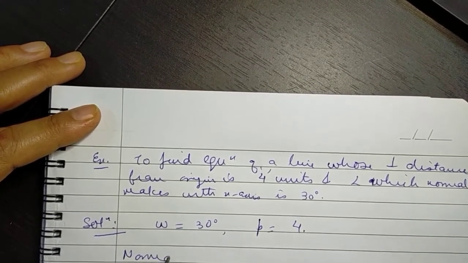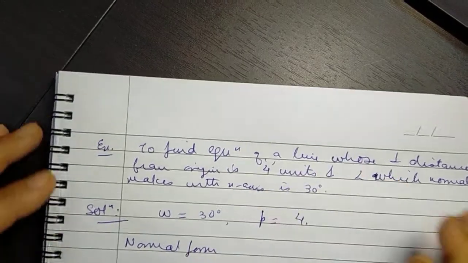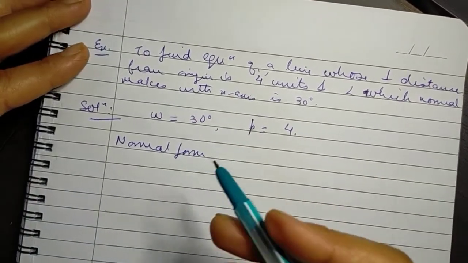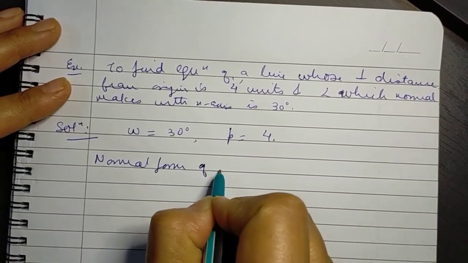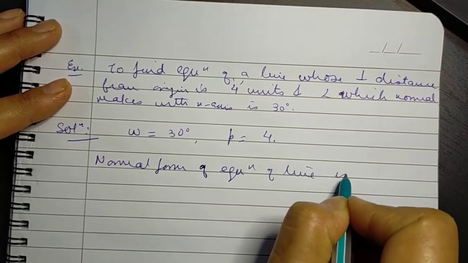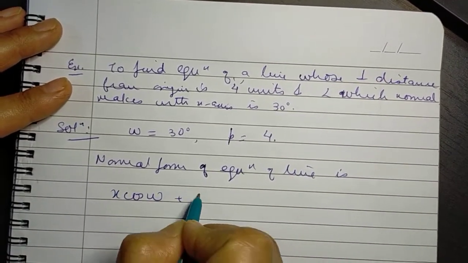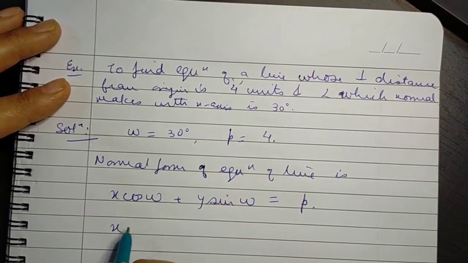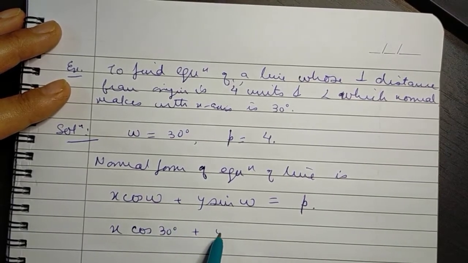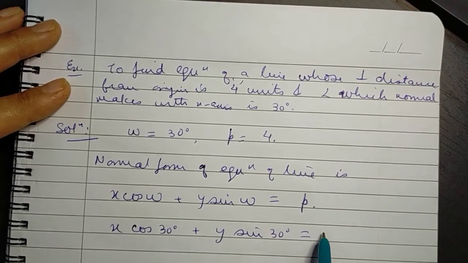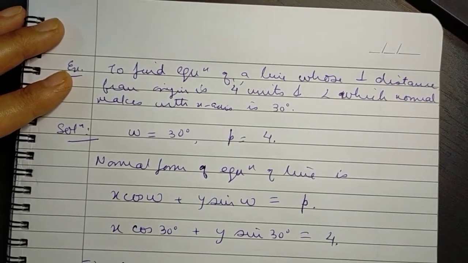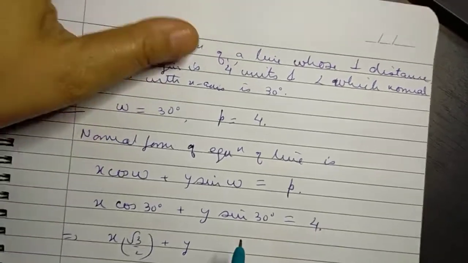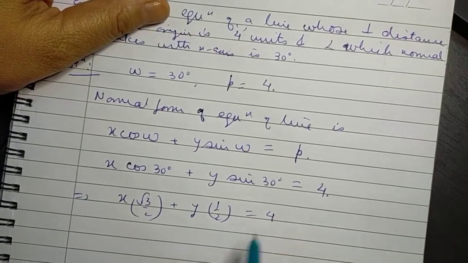Now normal form, we can just simply find the coordinates and then do the point slope form, or we directly use the normal form. So normal form of equation of line is x cos omega plus y sin omega equal to P. So we get x cos 30 degrees plus y sin 30 degrees equal to P is 4, and this gives us cos 30 is root 3 by 2 plus y sin 30 is half is equal to 4.